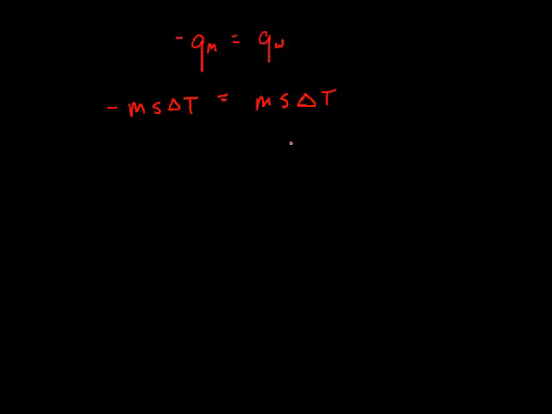The mass of the metal was 15.0 grams. So 15.0 times, we don't know the specific heat, that's our unknown, times the delta T. What was the final temperature? Final minus initial. The final temperature of the water and the metal, 29.5 degrees Celsius. That's the final temperature of both.